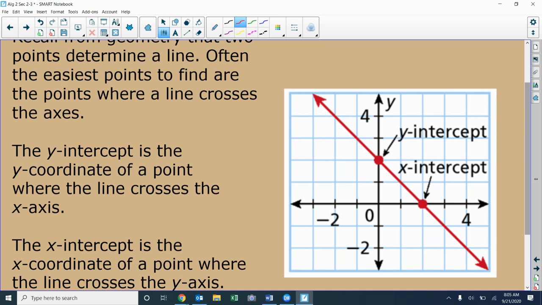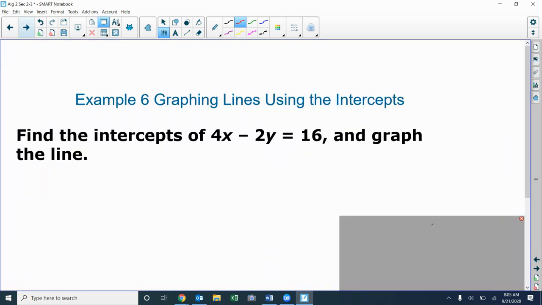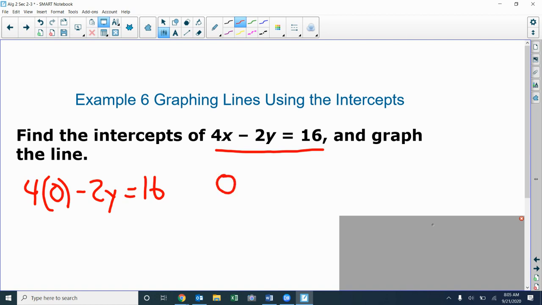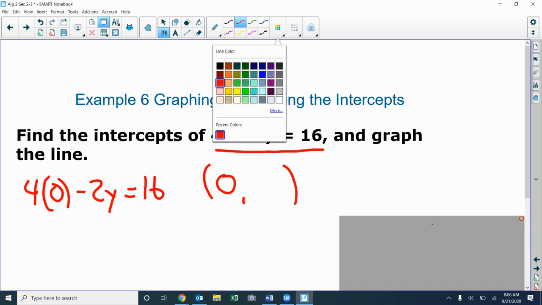Let's try one of these. Again, should be some skill that we had. So here's our equation. We're going to plug in 0 for x. Now if you solve for y, it's going to give you your intercept. See what you can do there, plugging in 0 for x. We're going to turn around and do the same.